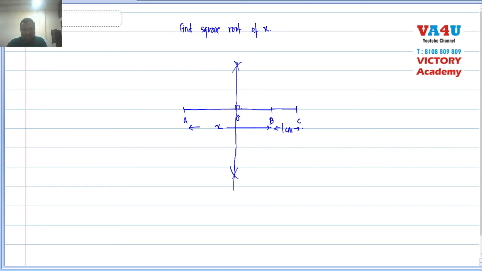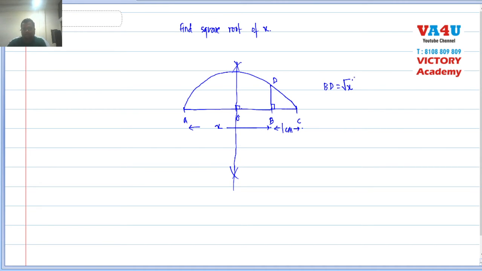Then with OA as radius, we draw a semicircle. And then we draw 90 degrees at B to intersect the circle at D, and we get BD as the answer. So we get BD is equal to square root of x.